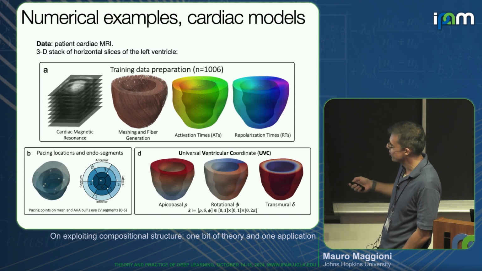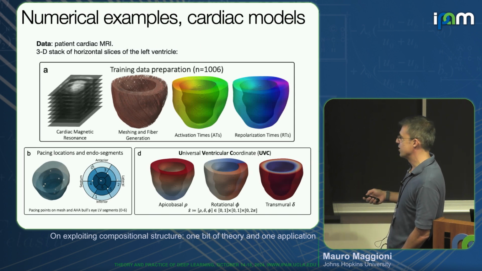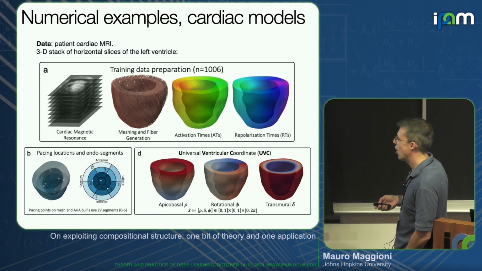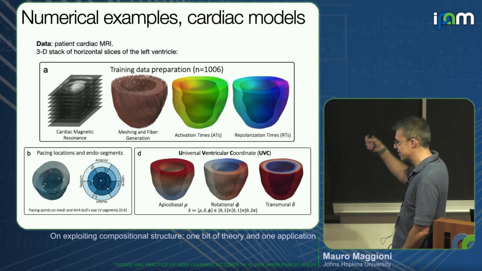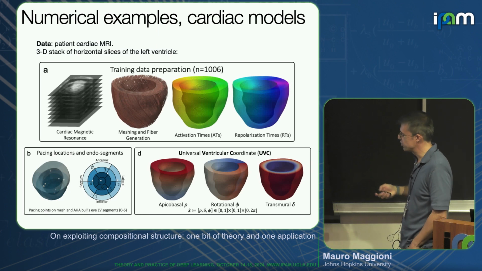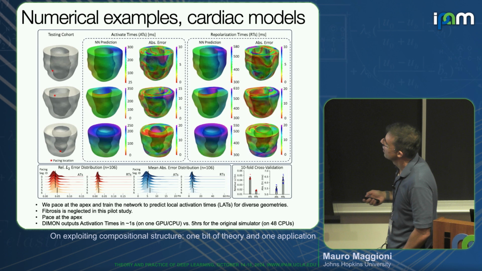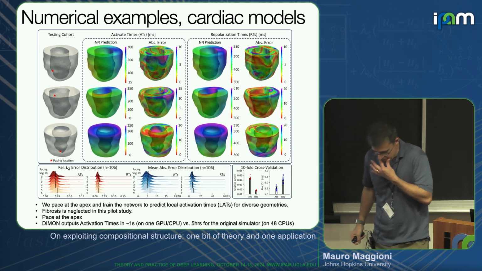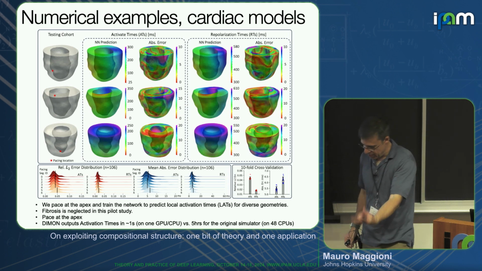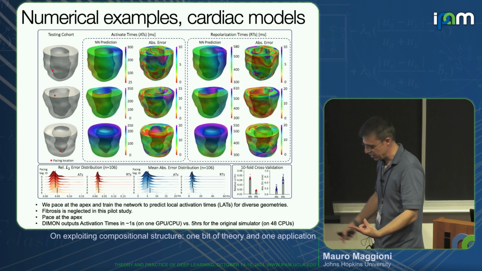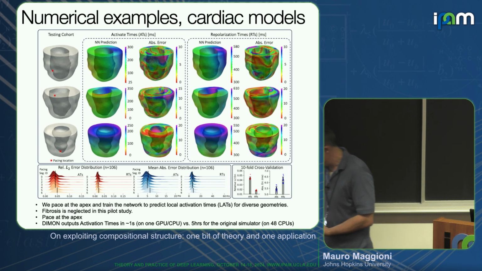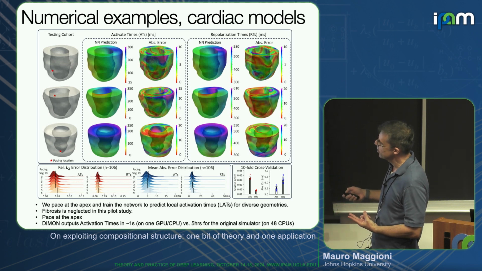You start with the images, you reconstruct the digital hearts. These are the universal hearts that get then, you have different initial conditions because you stimulate them in different ways. And we decided here to predict 2 things that we think are clinically relevant. Instead of actually predicting solutions of the PDE, we predict the first activation time.